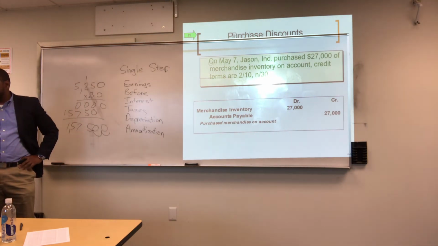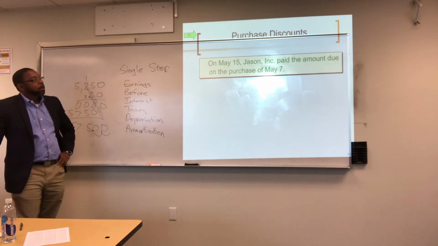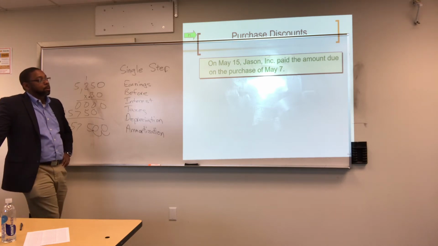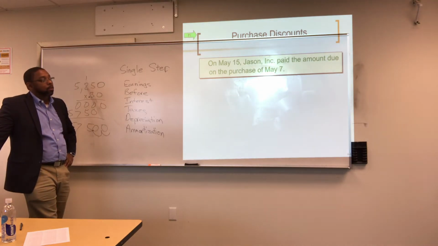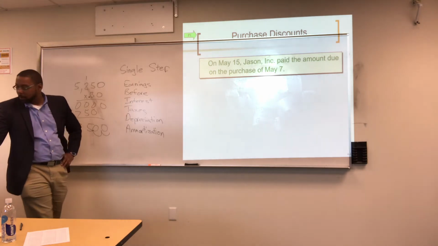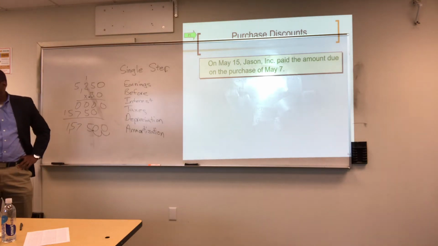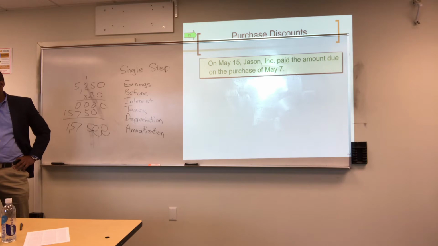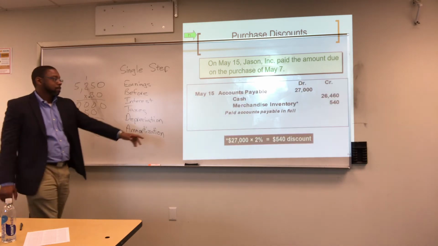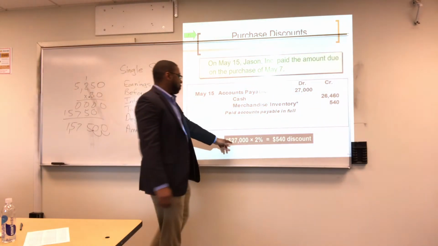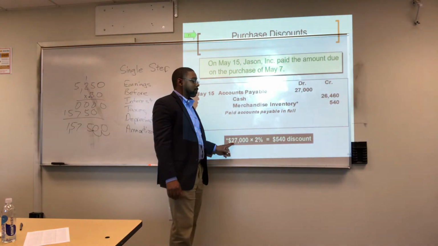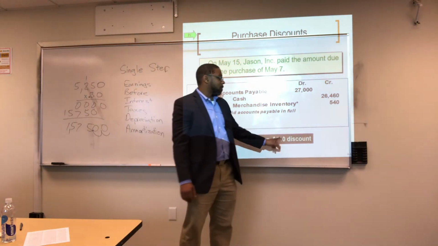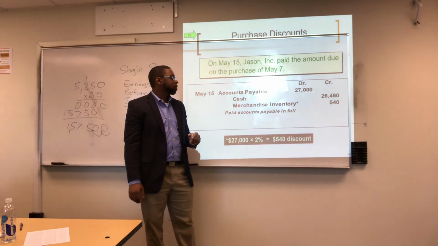All right. Now Jason Inc. paid by May 7th, so they're within the discount period. It's 2 of 10, so they're going to get a 2% discount. We take the 2% times the $27,000 bill, and that's a $540 discount.